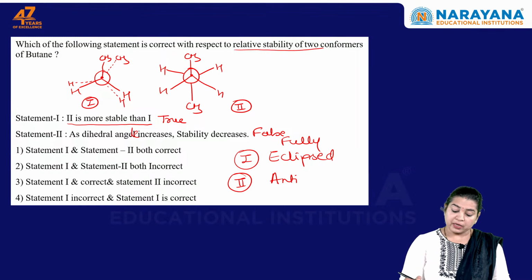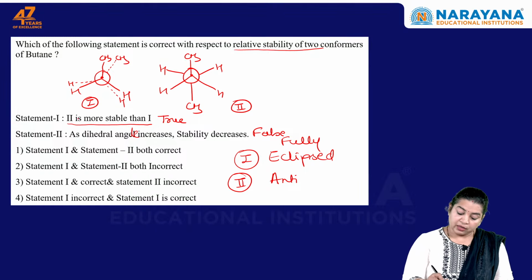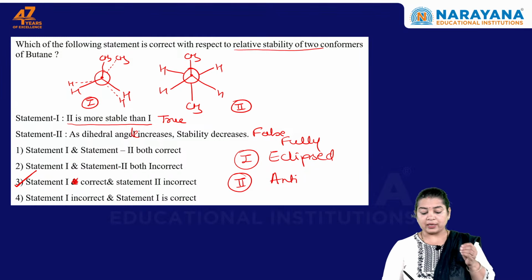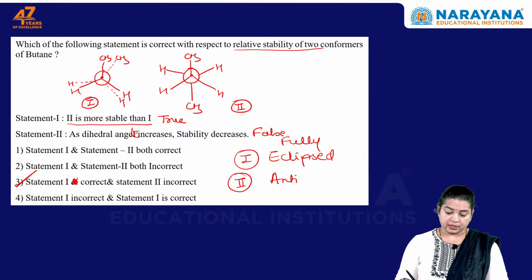So the second statement is false. The first statement is correct and the second statement is incorrect. So I think the third is our choice, statement 1 correct and statement 2 incorrect.